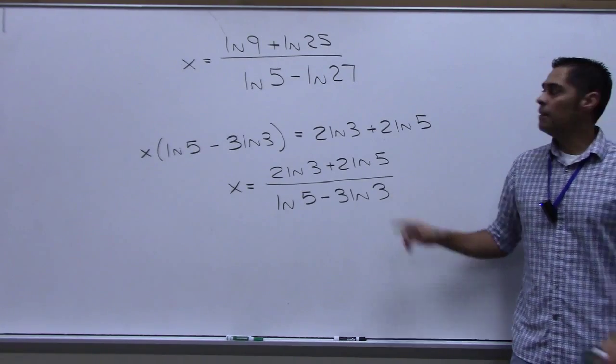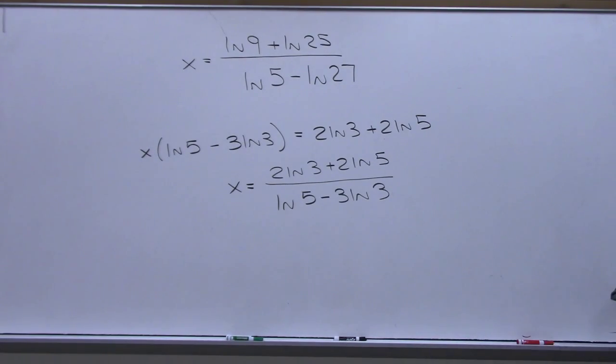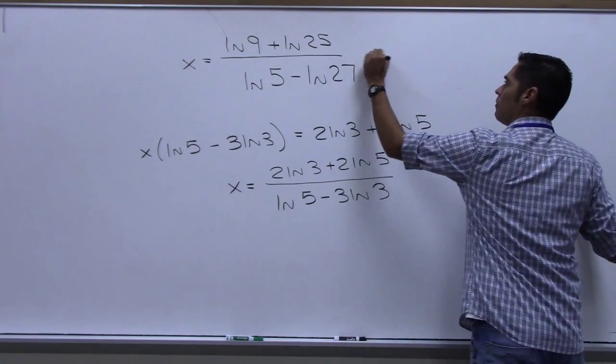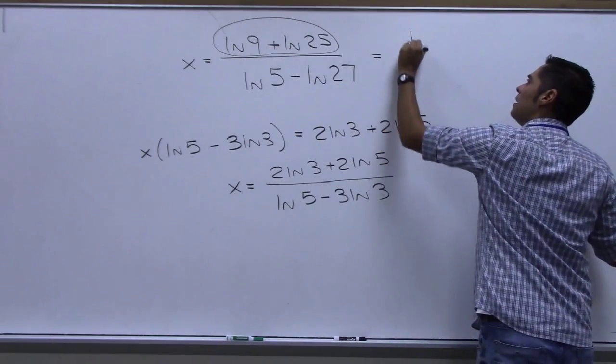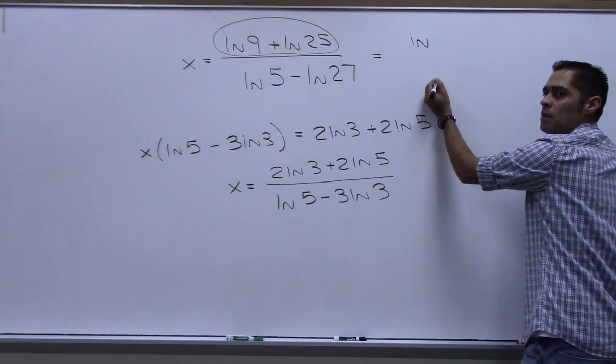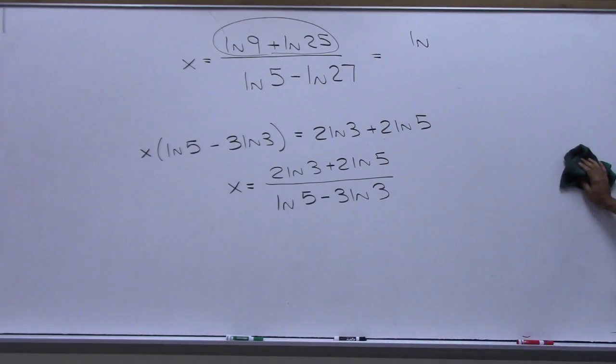Understand? I'm going to go even further. In the numerator, I can make these two into a single natural log, couldn't I? That'd be natural log of 9 times 25. Well, what's 10 times 25? 250, so, right?